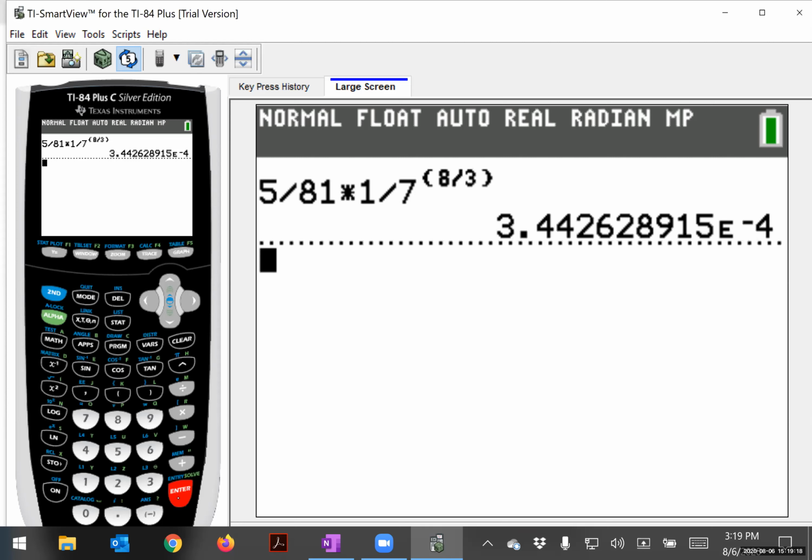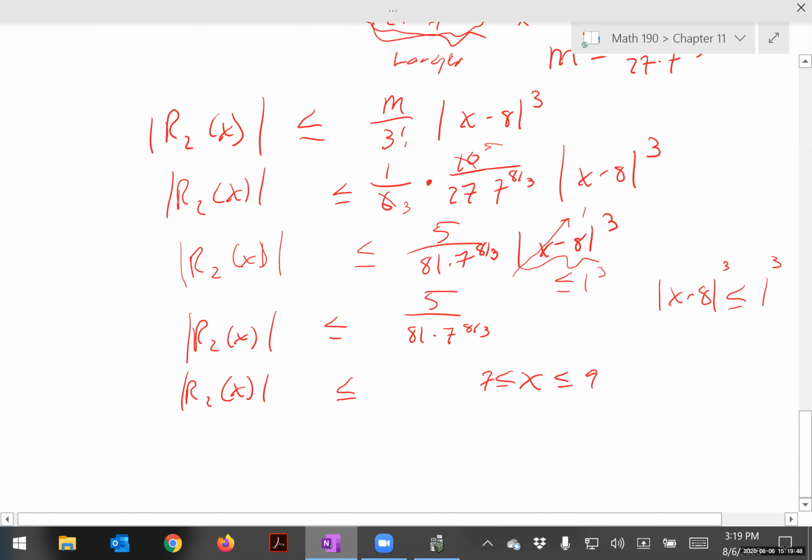I'll go all the way out until I can round up. Let me write this down so I don't have to keep going back and forth. It's 0.0003443. Let's say that's what this is bounded by. Those are fours, by the way.